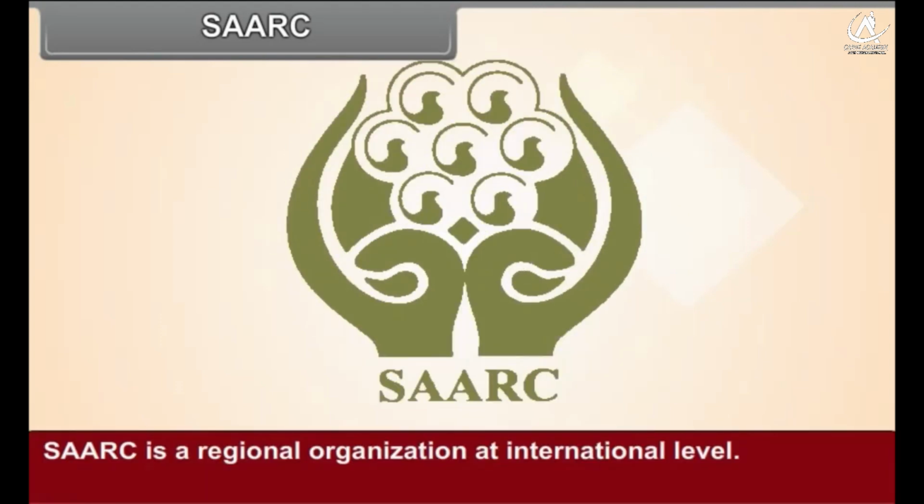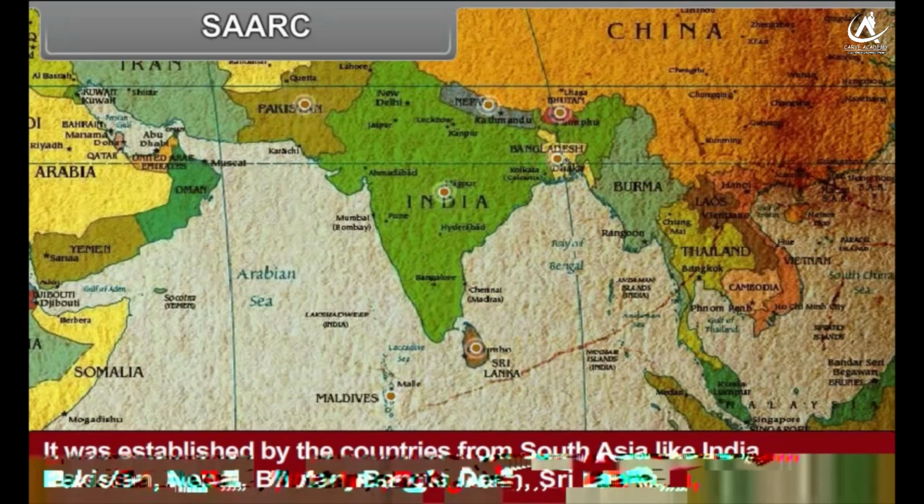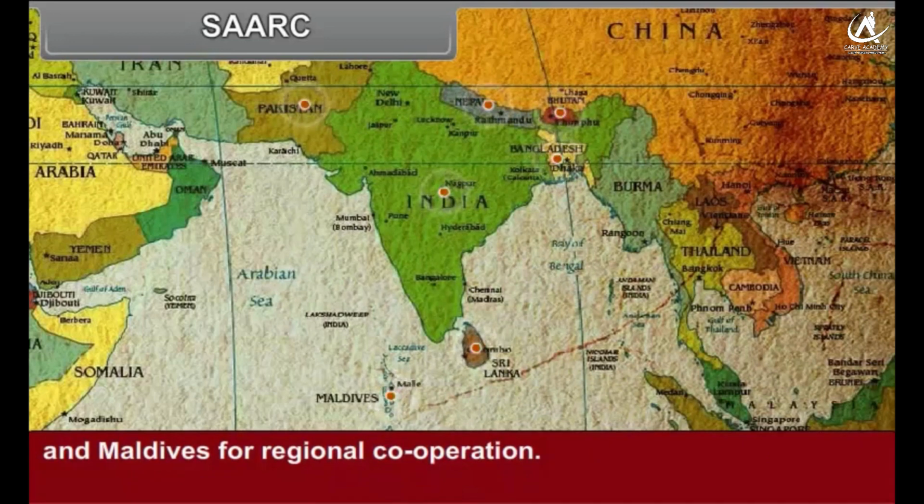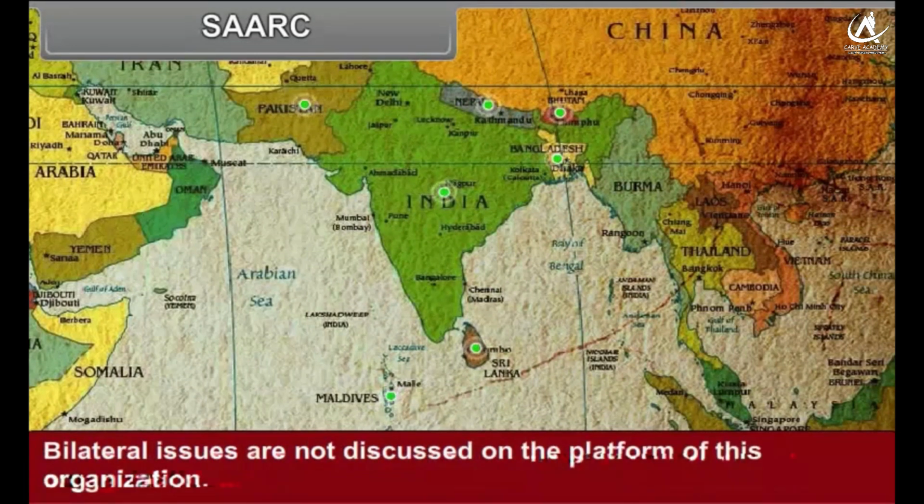SAARC, that is, South Asian Association for Regional Cooperation. SAARC is a regional organization at international level. It was established by the countries from South Asia like India, Pakistan, Nepal, Bhutan, Bangladesh, Sri Lanka and Maldives for regional cooperation. Bilateral issues are not discussed on the platform of this organization.